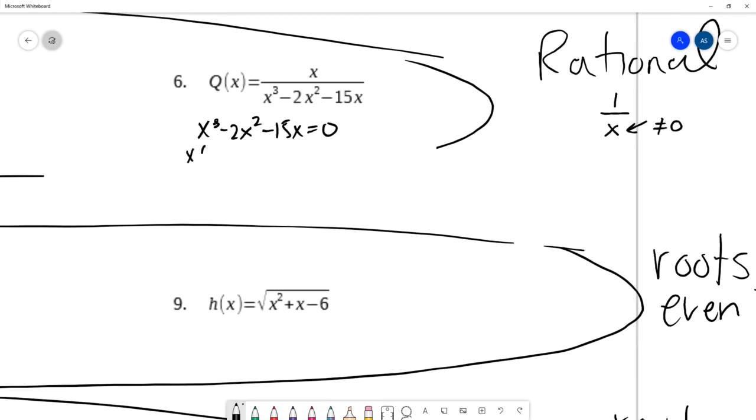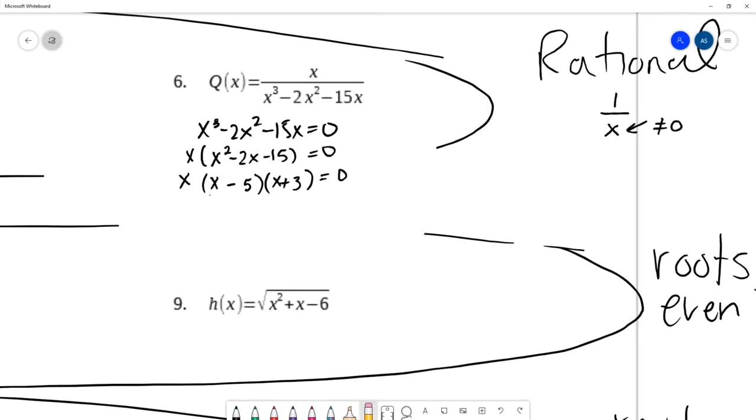So first factor out the x that's in common. We get x times (x squared minus 2x minus 15) equals 0. Then let's factor the x squared minus 2x minus 15. We get x and x. 15 could be 5 times 3. And we need a minus and a plus to create that middle term of negative 2x.